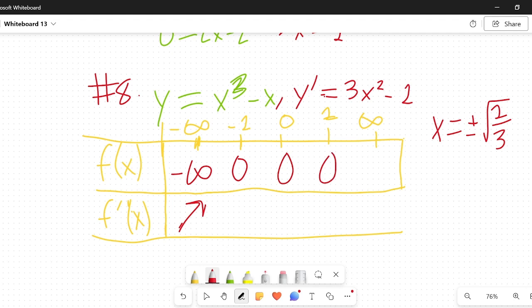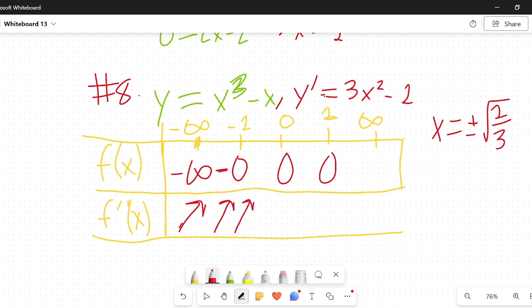And then in between, if we have like -3 and plug this in, -3 squared minus -3, it's still going to be negative in between this, but it's still increasing. And then at -1, if we plug -1 here, it's going to be 2, so it's still increasing.